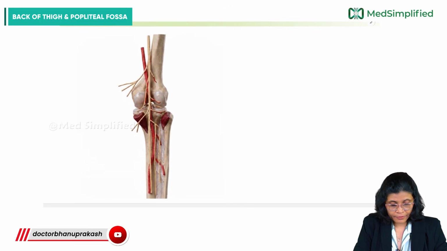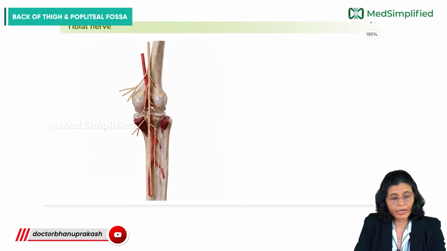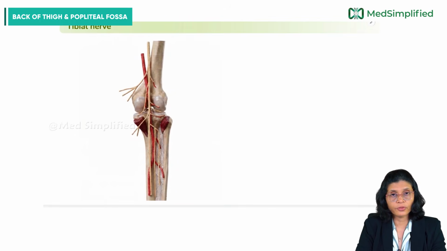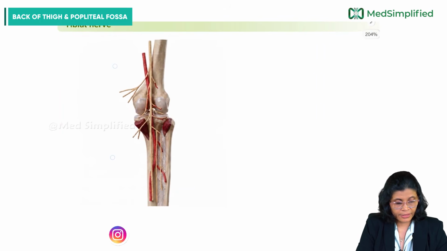Then the tibial nerve. Tibial nerve is the main nerve, the largest terminal branch of the sciatic nerve. This tibial nerve in the popliteal fossa will be running vertically downwards. It also gives cutaneous, articular branches, which we call genicular branches, and muscular branches, as well as vascular branches.